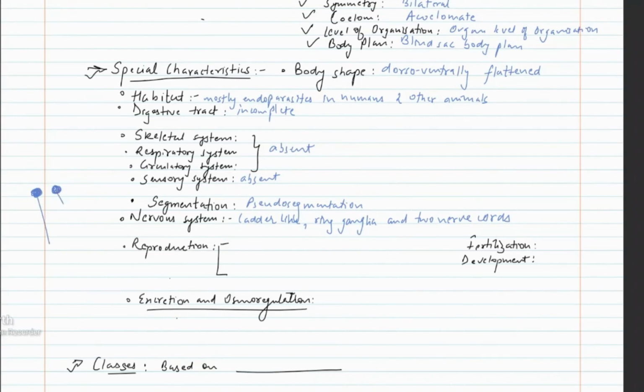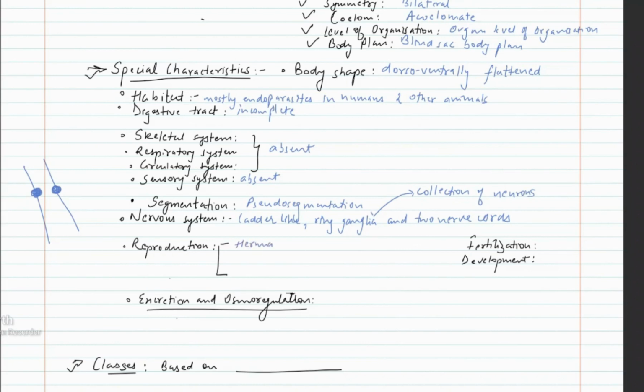There are ganglia and two cords. Now ganglia means it is a collection of neurons. A collection of neurons is referred to as ganglia.